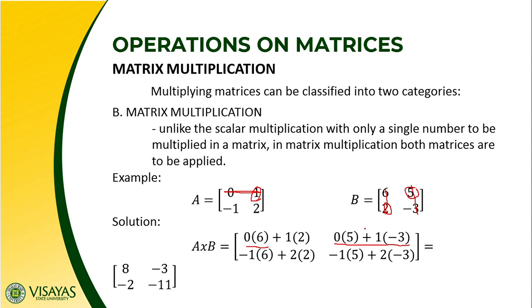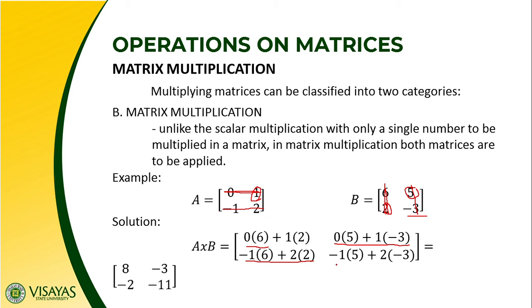So 0 times 5 plus 1 times negative 3. And here, to find the element on the second row, first column, we have negative 1 because we are now on the second row. So first column. Okay, so negative 1 times 6 plus 2 times 2.